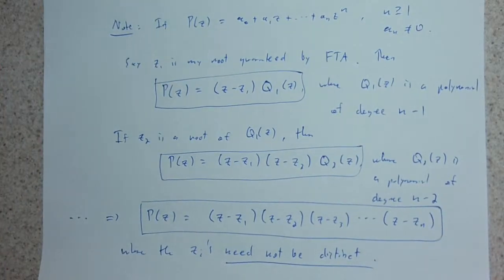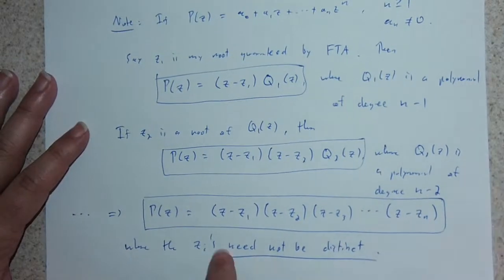Some of those may be the same. When that happens, after you have collected all terms in a factorization like this, the exponent on that linear factor for the associated root is called the multiplicity of the root. This is where we introduce the terminology counting with multiplicity, which you've heard for algebraic roots before.